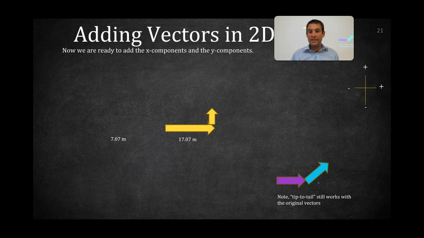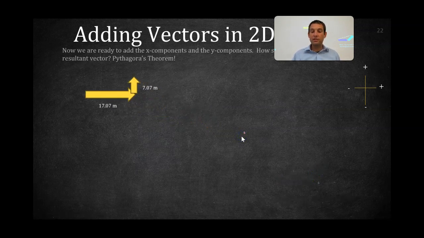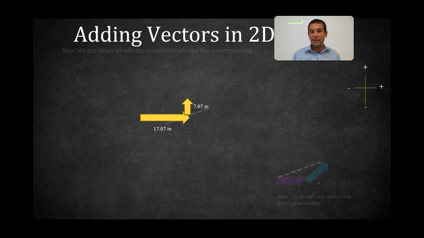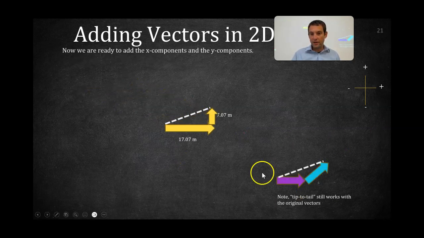When we add the x component to the y component, we have created this right triangle. And to combine the x component and the y component, we use the Pythagorean theorem to figure out that hypotenuse. And that hypotenuse is going to give me my resultant vector. And notice in the bottom right down here, my resultant vector can also be found using the tip-to-tail method.